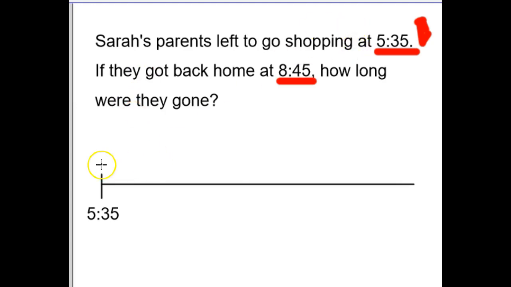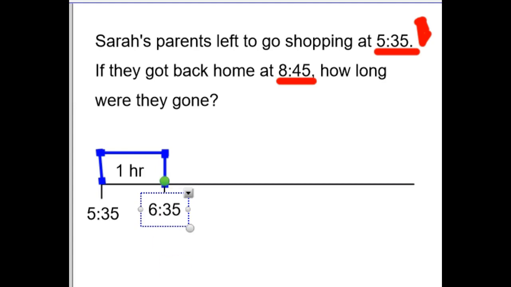I prefer to do my big jumps first. So let's do a big jump first. So 1 hour is a big jump. So that would be 6:35, if I add 1 hour.